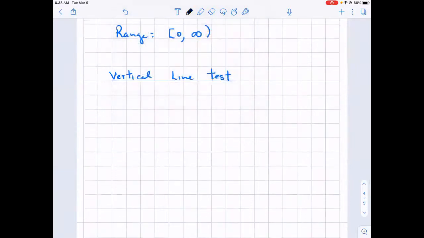So as I said before, not all graphs represent functions.